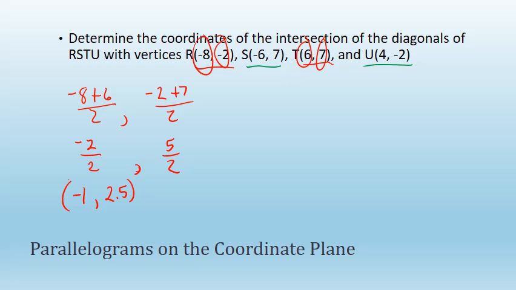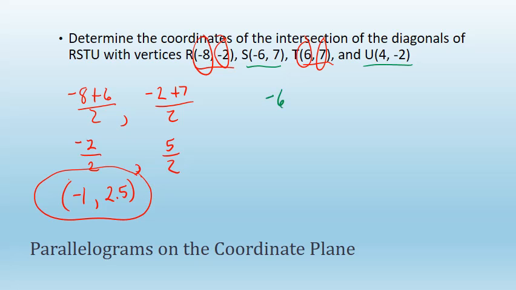Now, because these diagonals bisect each other, I really only need to find one of those. But let's just verify that they intersect at the same point by finding the midpoint of S and U. We're going to go about that the same way.